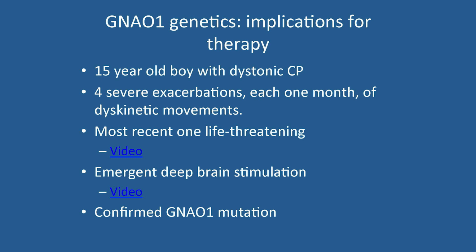So his baseline is quite a significant dystonic CP, but he gets these profound dyskinetic movements requiring hospital admission for a midazolam infusion for a month. So pretty atypical. And the most recent one, which was last year, was life-threatening. I was pretty worried. We were all worried.